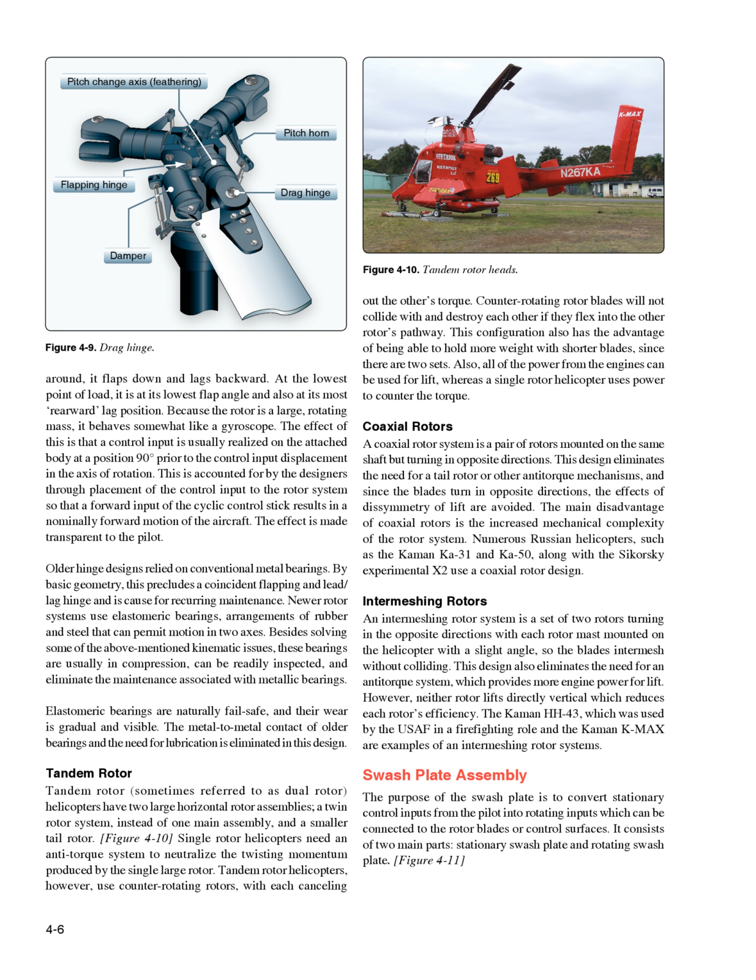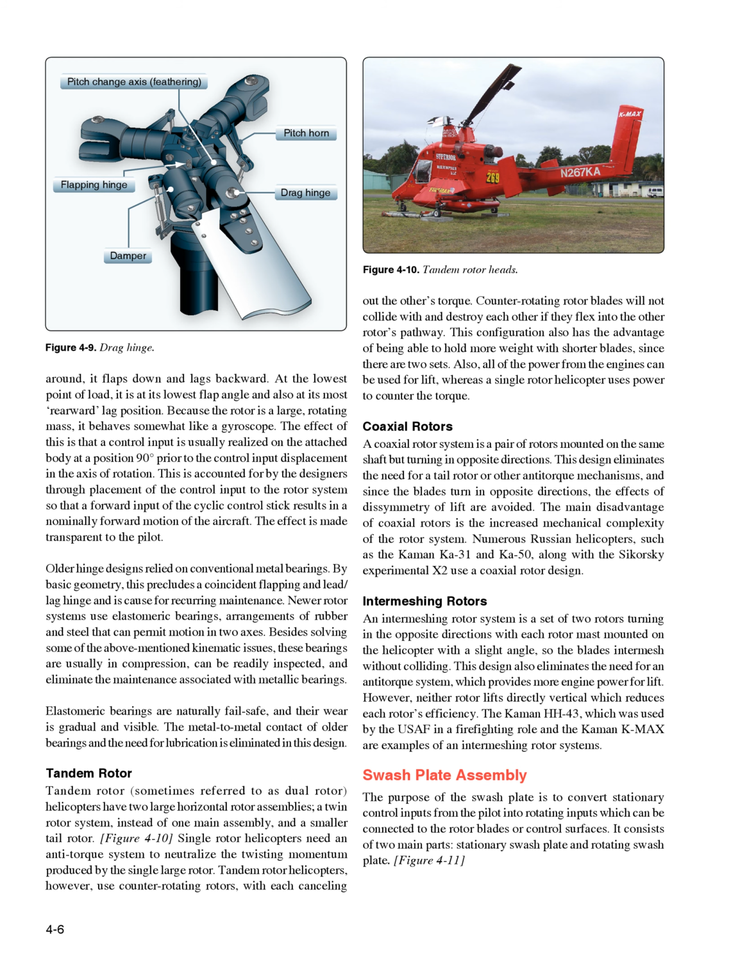Tandem rotor, sometimes referred to as dual rotor, helicopters have two large horizontal rotor assemblies, a twin rotor system, instead of one main assembly and a smaller tail rotor. Figure 4-10. Single rotor helicopters need an anti-torque system to neutralize the twisting momentum produced by the single large rotor. Tandem rotor helicopters, however, use counter-rotating rotors, with each cancelling out the other's torque.